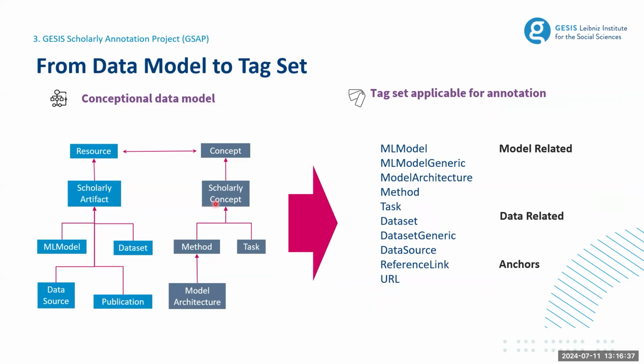And on the other hand, scholarly concepts like methods, tasks, and for example, model architectures. And we transform this to a tag set ready to be applied by our annotators to annotate the full text. As you see, as an example, publications are not mentioned directly, but indirectly using reference links.